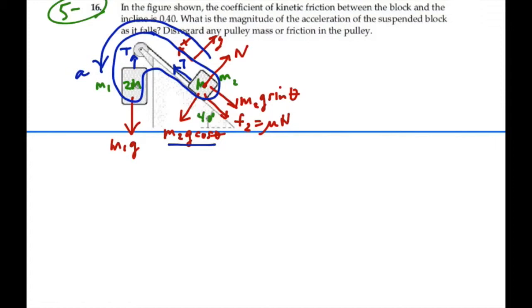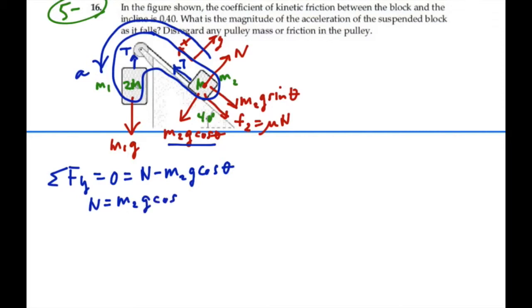But we do want to find the normal force, and so if we looked in the y direction on the incline, the summation of those forces should equal 0, and that would be equal to the normal force minus m2g cosine theta. So the normal force will equal m2g cosine theta, where theta is 40 degrees.